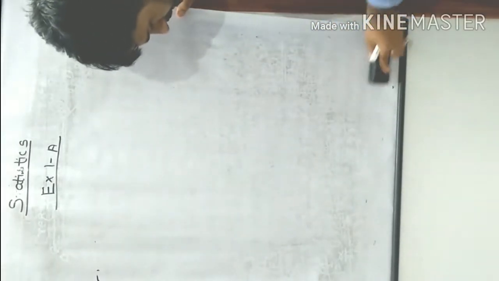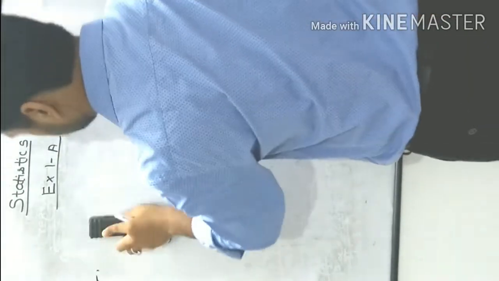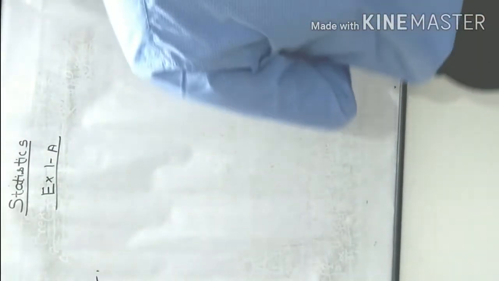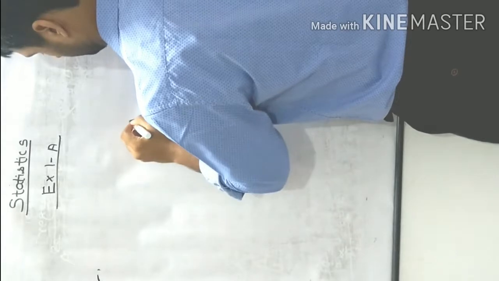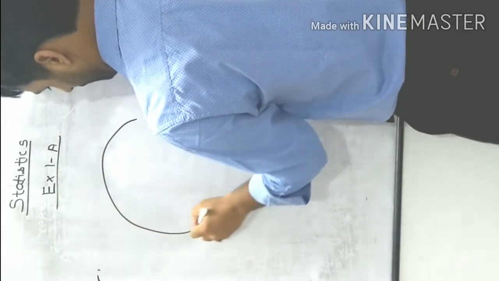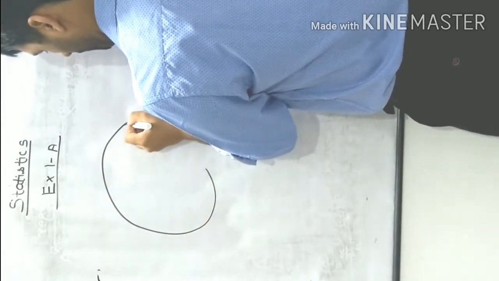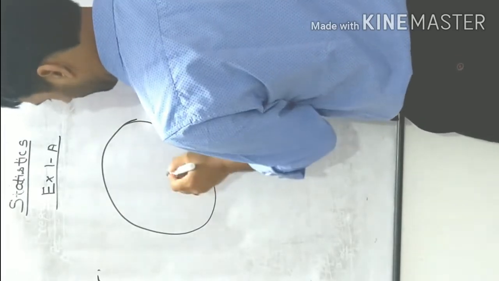I have noted the angle somewhere, at some place I will note it down. Now, what we will do is, first draw a circle.